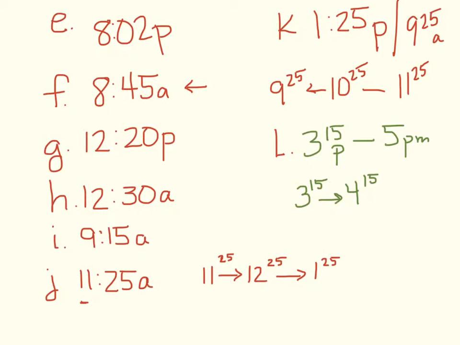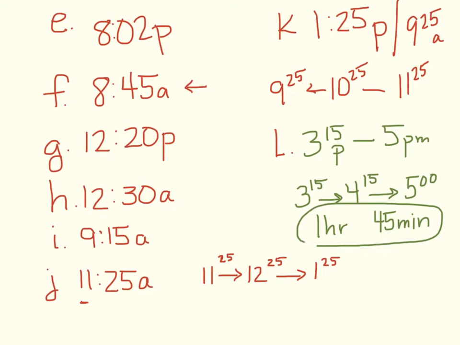Well, it doesn't go all the way to 5:15 though, so I can't go forward an hour. But from 4:15 to 5, this is 1 hour, and this is 45 minutes. So your answer for L would be 1 hour and 45 minutes.